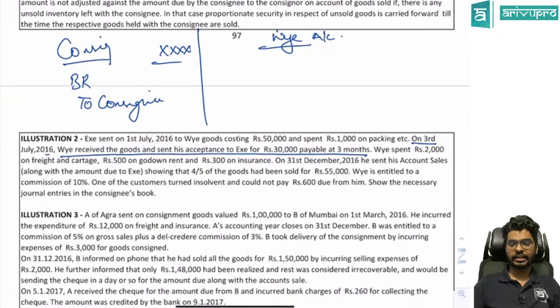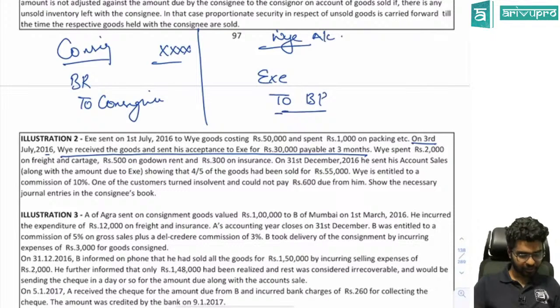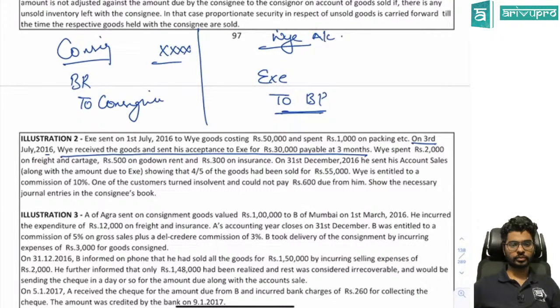What will be the journal entry in the books of consignee? X to bills payable. So in books of consignee, it will become X to bills payable. Done.